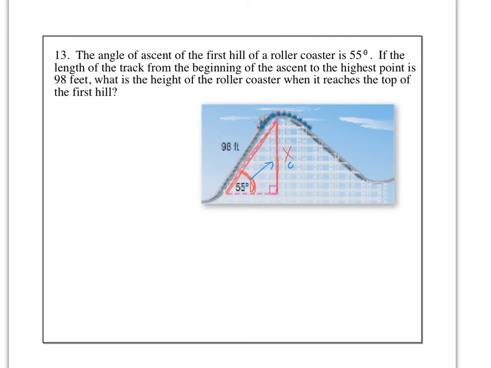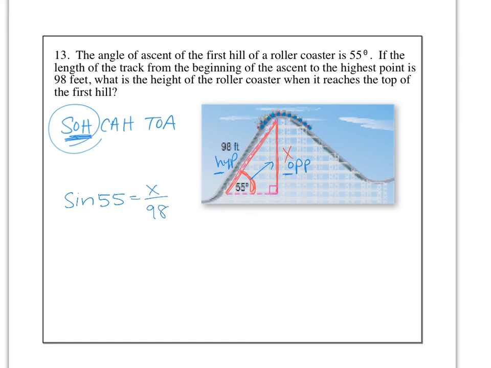So the X is opposite. The 98 is hypotenuse. Think of SOH CAH TOA. You want the O and the H. They go with SO. S stands for sine. Follow it with the 55. And then it's opposite over hypotenuse.